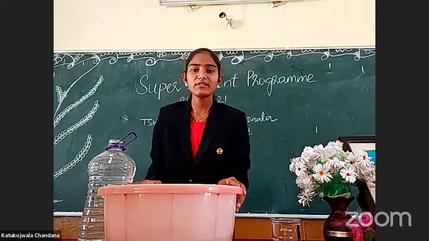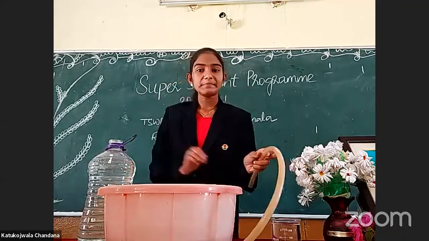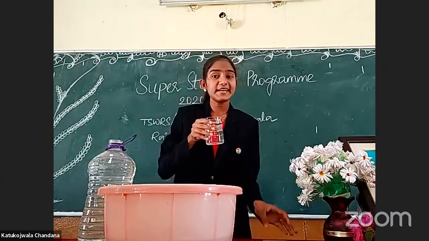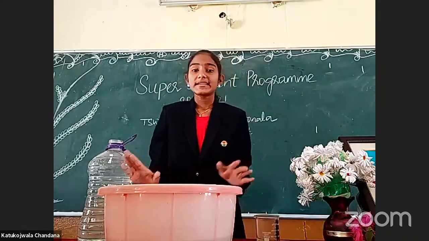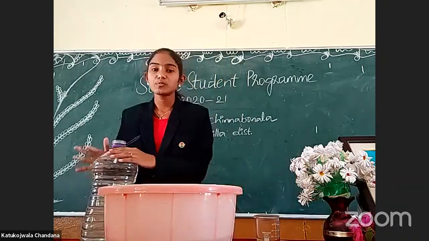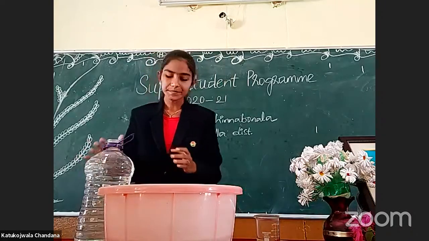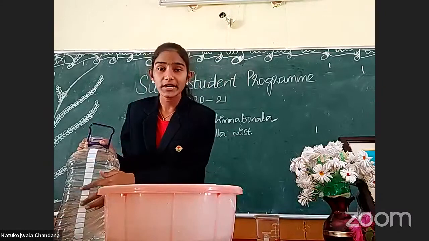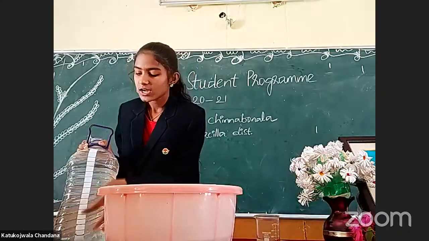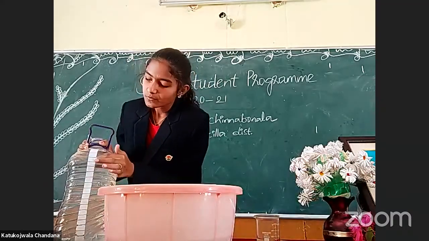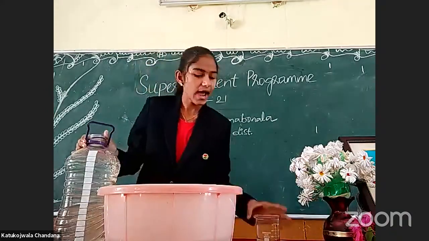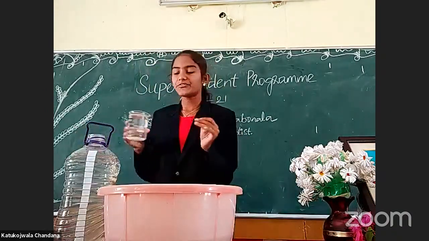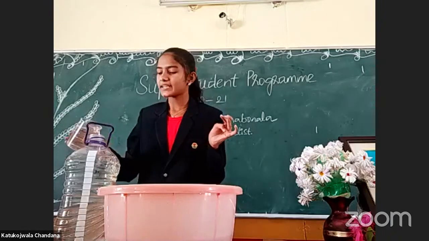Here we have a pipe, a measuring cylinder, a container, and a large plastic bottle. Here, you pour 250 ml of water and mark it, and up to these marks pour another 250 ml into the bottle.